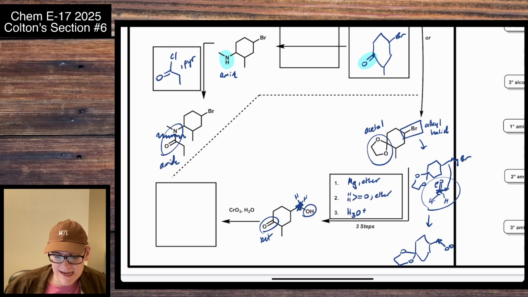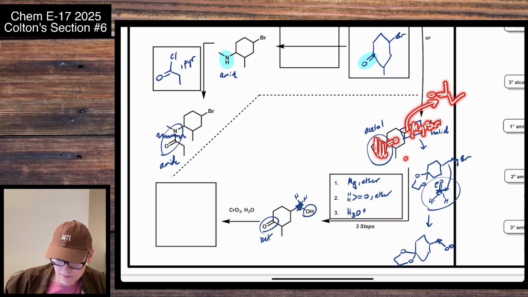So how do we know that we did it in this order? Why did we not do the acetal hydrolysis first? Well, if we did the acetal hydrolysis first and made this into a carbonyl, then when we go to make our Grignard, MgBr, this would just go and attack another equivalent of the carbonyl, down here for another molecule, and essentially it would all react with itself, and it wouldn't attack formaldehyde.